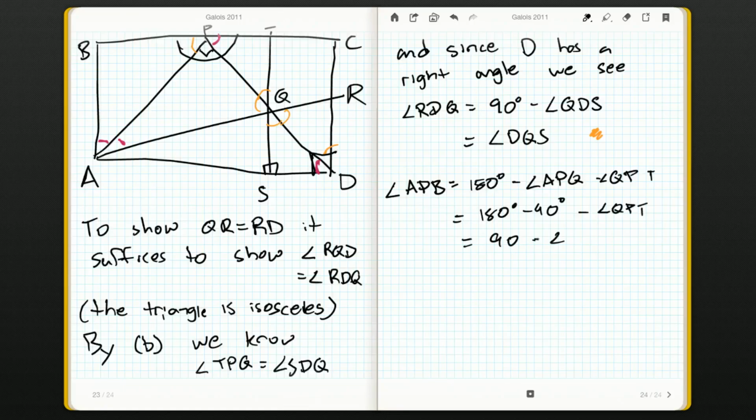So that's 90 minus angle QPT, which is equal to angle PQT, which is equal to angle DQS. Okay, so again, that's the orange angle.